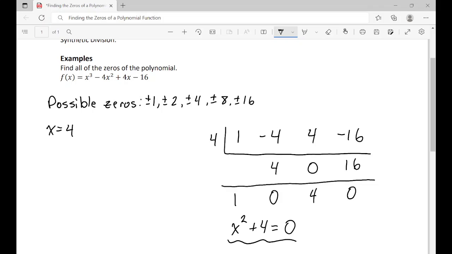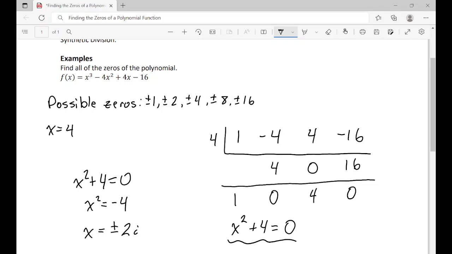So we can take it over here, x squared plus 4 equals 0, and we can solve. Subtract 4 over, x squared equals negative 4. Then take the square root of both sides, and we're going to get x equals plus or minus 2i. And again, this is positive 2i and negative 2i, which are the last 2 zeros.